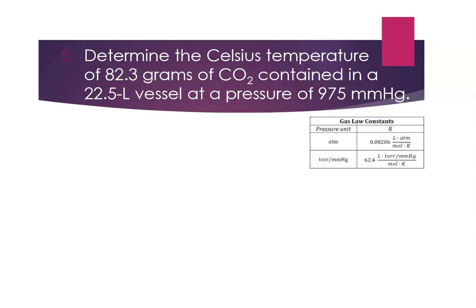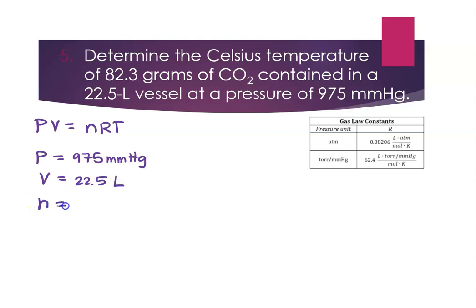We can use our molar conversions to take grams and convert them into moles of CO2 using the molar mass. So we have PV equals nRT. P is 975 mmHg, V is 22.5 liters, and for n, I have 82.3 grams of CO2 times the molar mass of CO2, where 44.01 grams is equal to 1 mole.